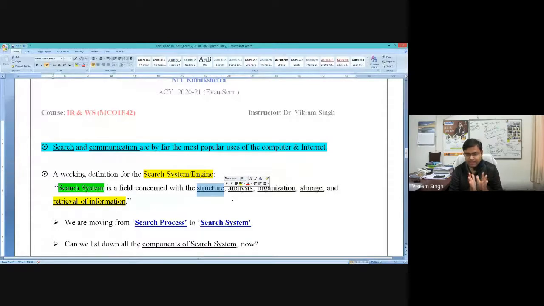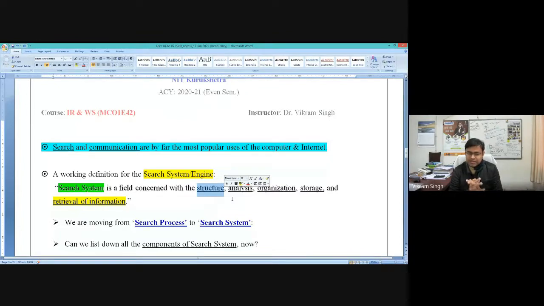Organizing could be a task where we generate or extract some keywords and place them in a vector space, right? So organization means you are arranging the pre-processed data from all the documents into some syntax, primarily. So space is something we use whenever we talk about search systems, right?